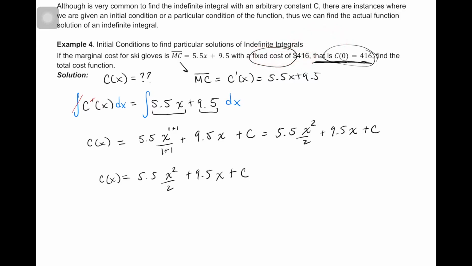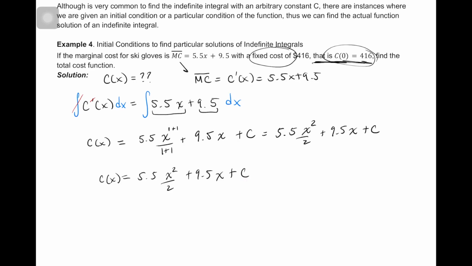But fixed cost does not depend on the number of units you produce, which means it's the cost of producing zero units. At zero units you haven't produced anything, but that tells you exactly how much you're spending just to turn on the factory. I hope you keep this handy to always remember that fixed cost is the same as C of 0.